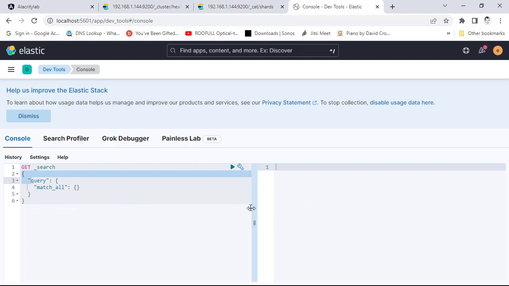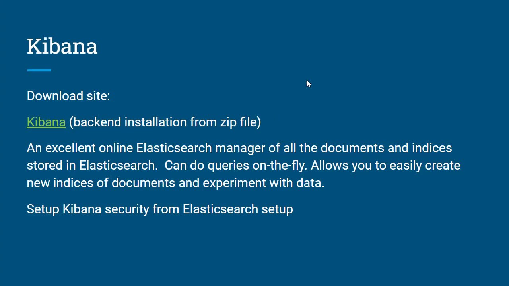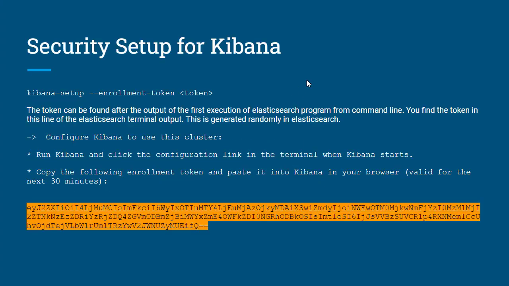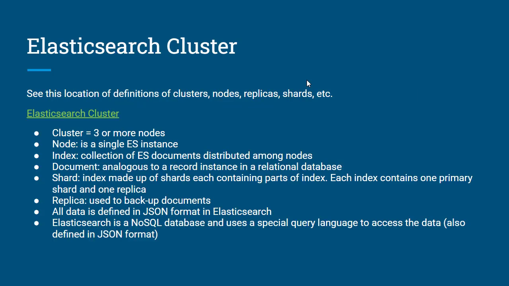So let's go back. Let's go back to this. We've done this. Essentially, we configured it. We did the first launch, and now I'm just going to point to this particular site. This is a brief discussion of how Elastic clusters work and some of the terminology.